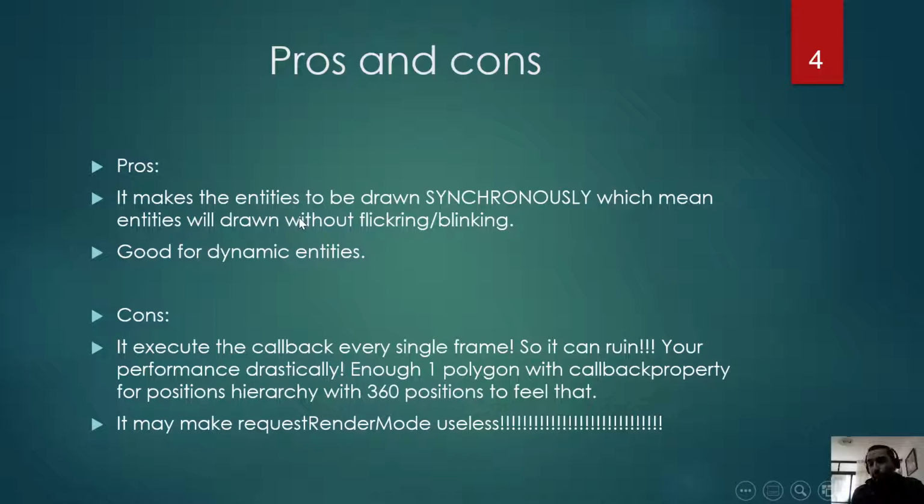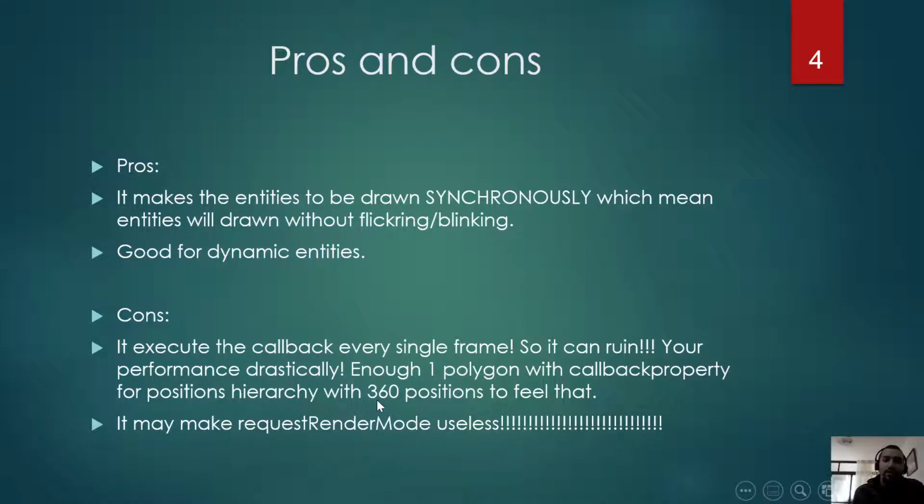That's the pro, but the con is that it executes the callback every single frame, so it can ruin your performance drastically. In my case, I created one polygon and added a callback property to its position hierarchy.